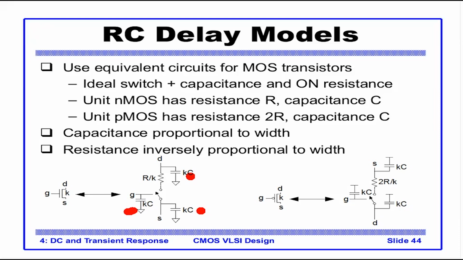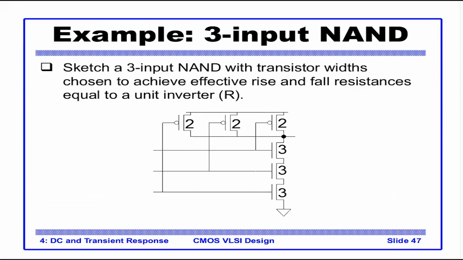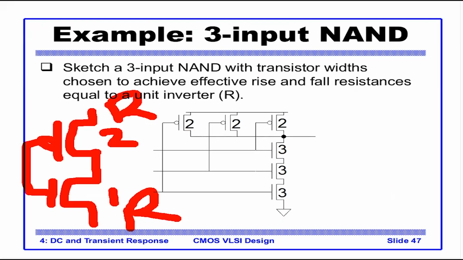So by making the PMOS twice as wide, we keep the resistance at R.